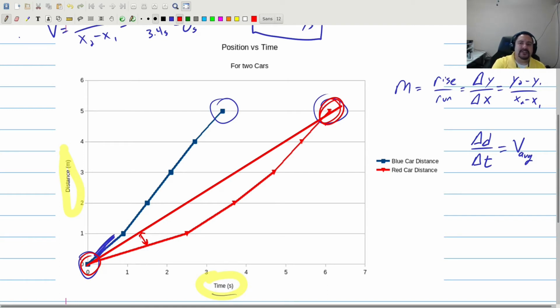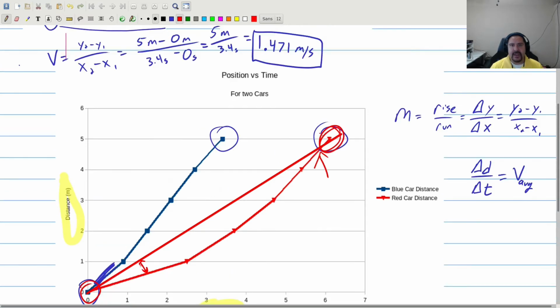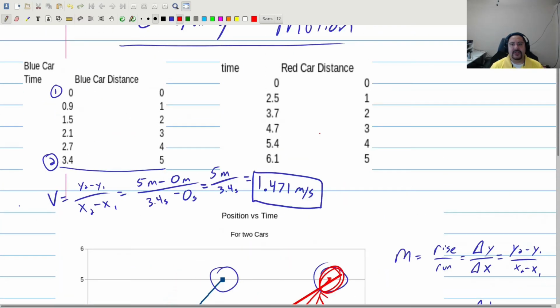But at other times, the slope is greater, like up here at the end. So on average, we're going to be able to calculate the slope of this line in order to find its average velocity. So, okay, same sort of thing that we did.